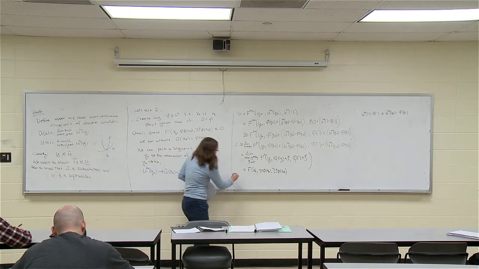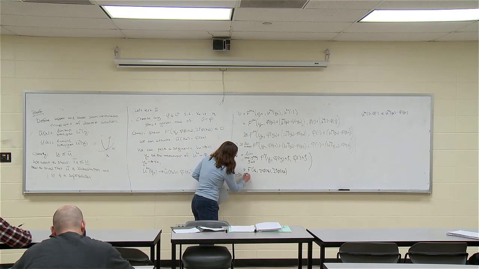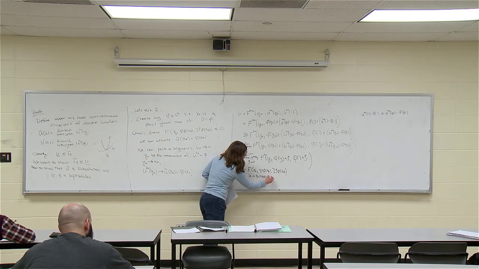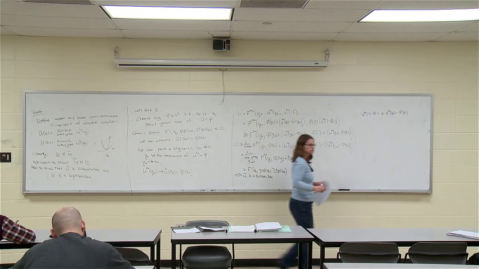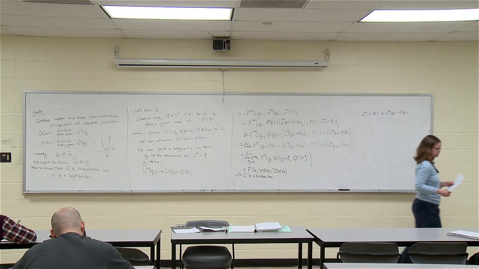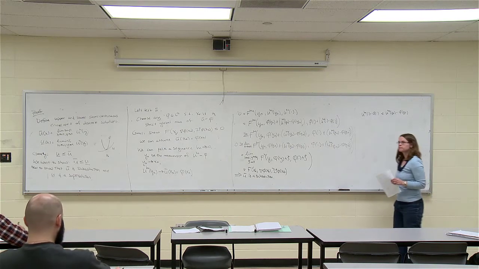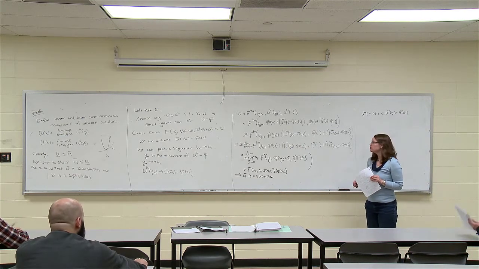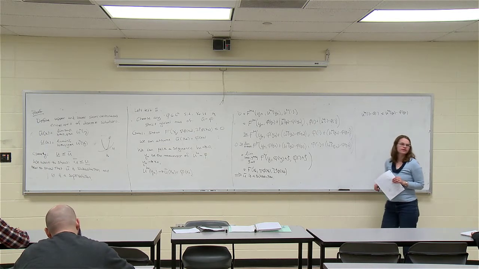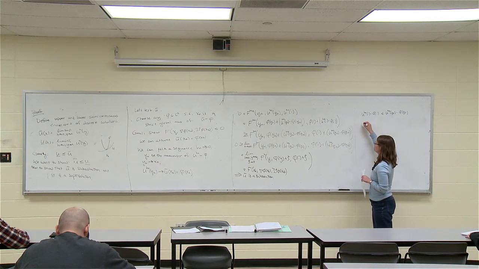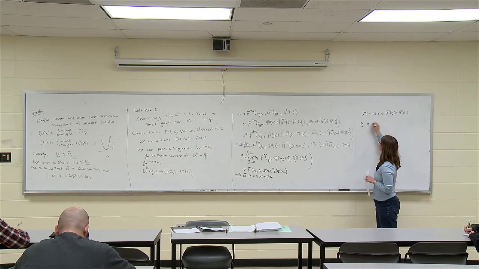So this was precisely a statement that u bar is a subsolution. Okay, you make the same argument in reverse. The maxes become mins, the inequalities turn around, and by the same argument u underline is a supersolution.